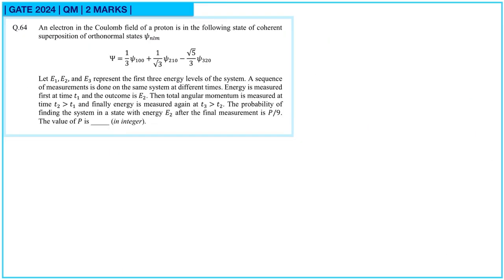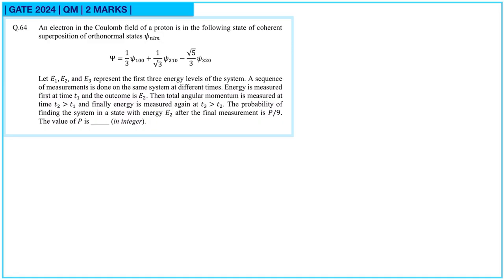Next question. An electron in the Coulomb field of a proton is in the following state of coherent superposition of orthonormal states psi nlm. Psi is given. Let E1, E2 and E3 represent the first three energy levels of the system. A sequence of measurements is done on the same system at different times.